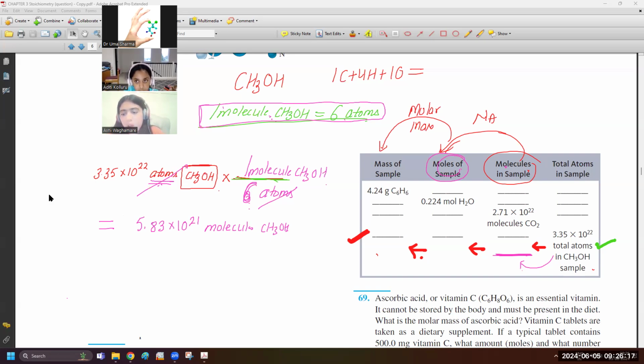Moles. So 1 mole is... so I will start with this number, the number of molecules.